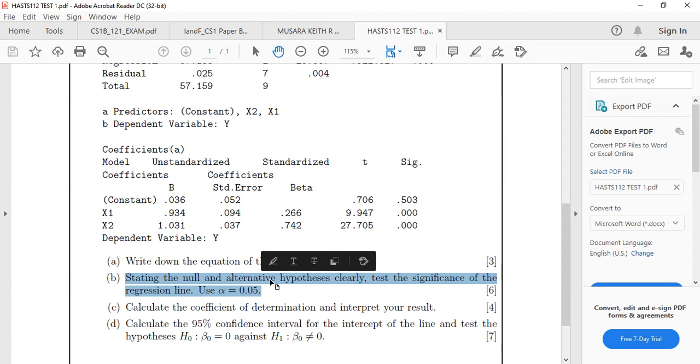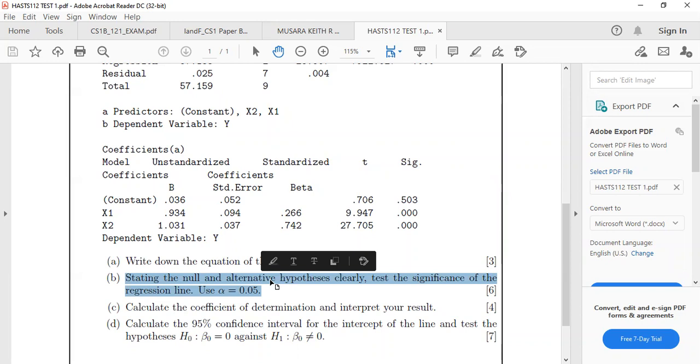When we are testing for significance of the regression line, we want to test that the coefficients for x1 and x2 are 0. So we use the coefficients for x1 and x2, which are beta 1 and beta 2. We want to test if beta 1 and beta 2 are 0 or not.